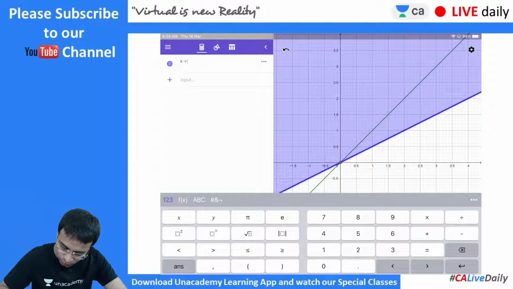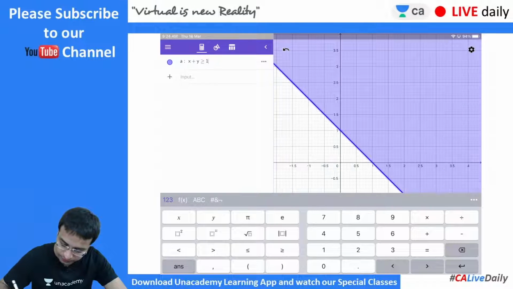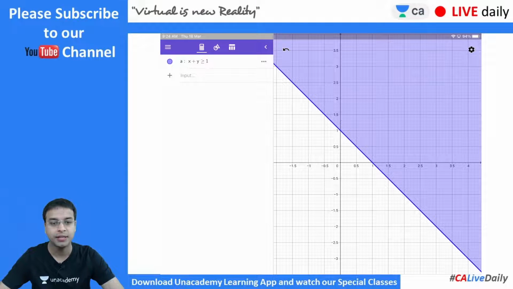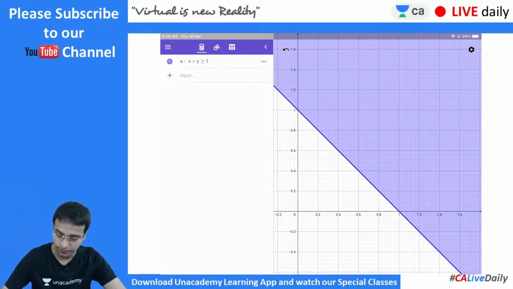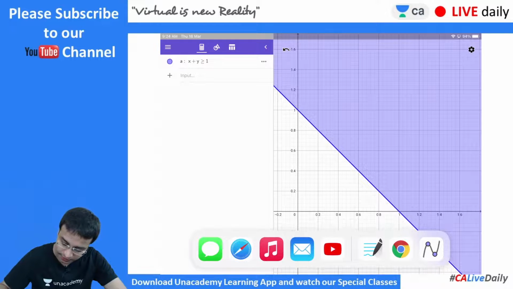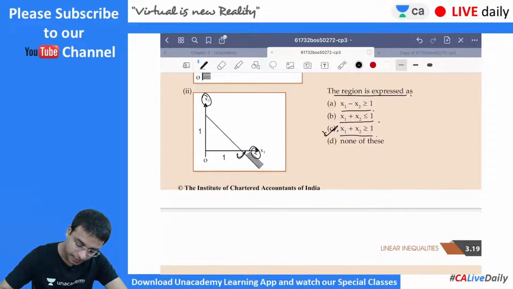X plus y greater than or equal to 1. Can you see this? And this is the diagram. A line like this and the shading away from 0.